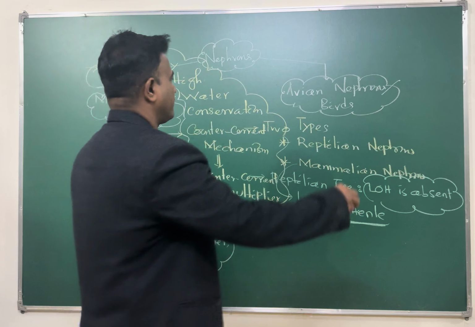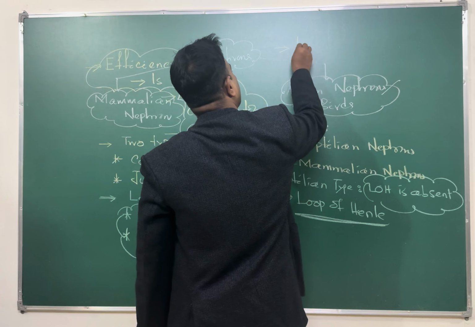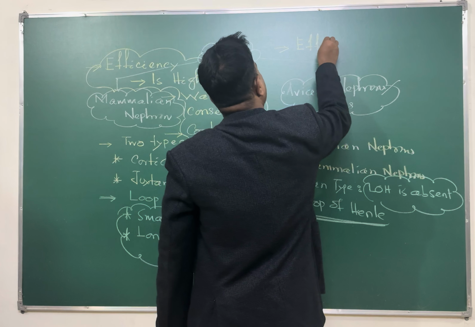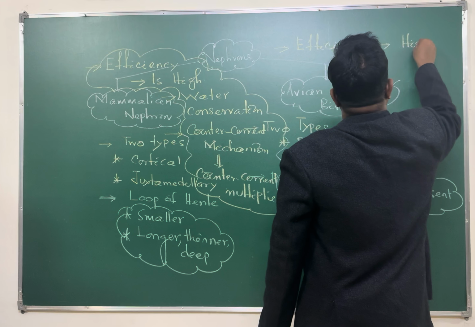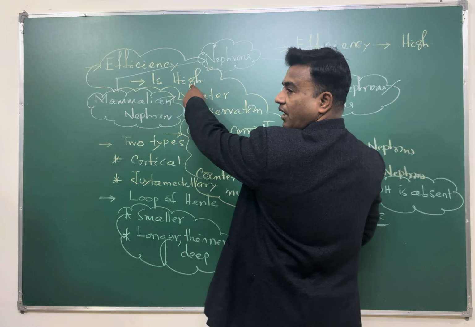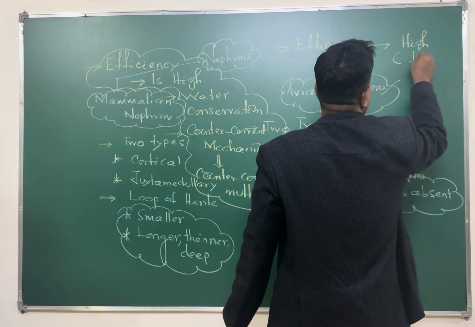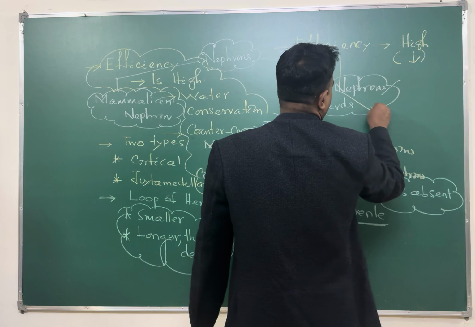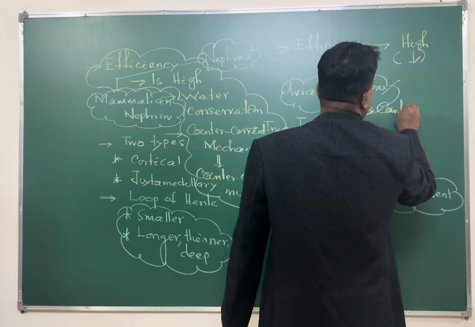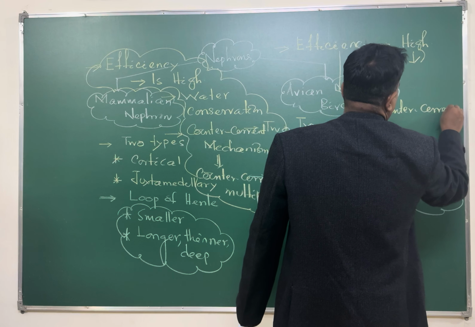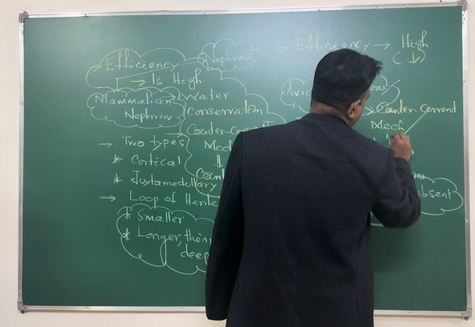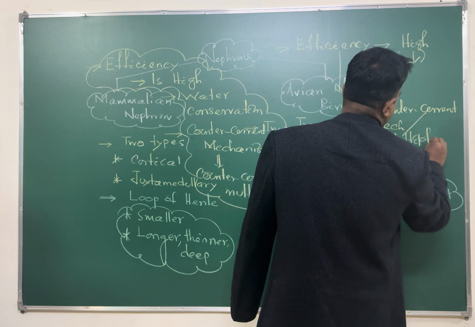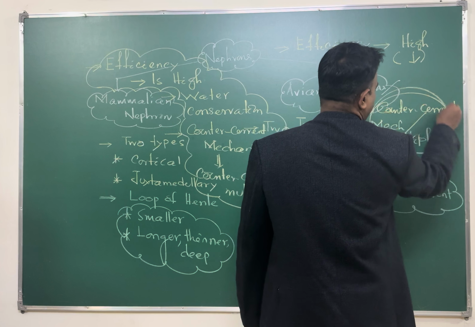Now coming to this point here, no doubt efficiency is high, it is also high. But if you compare with the mammals, it is low. And here, the counter current multiplier system or mechanism is not efficient.